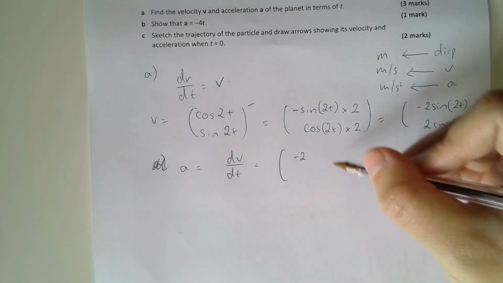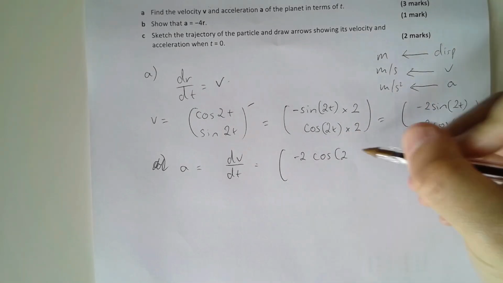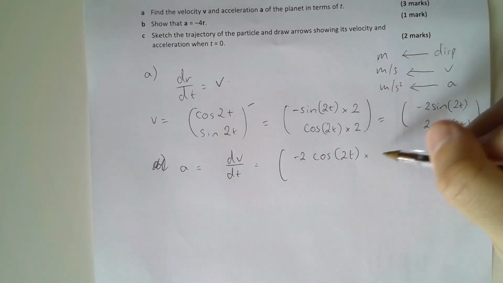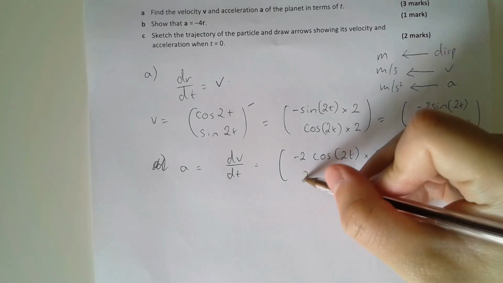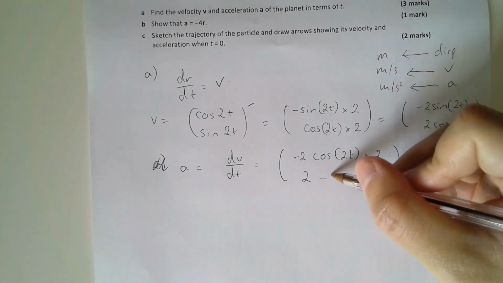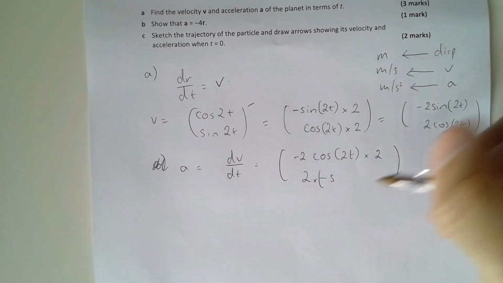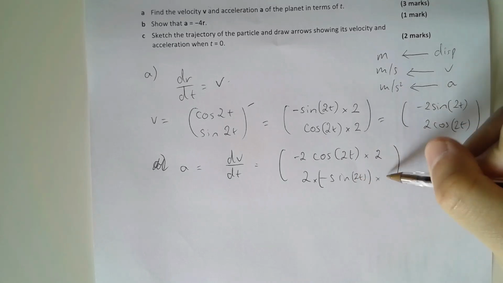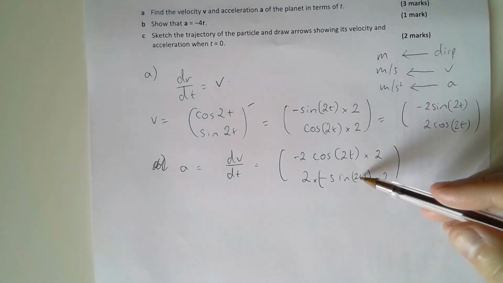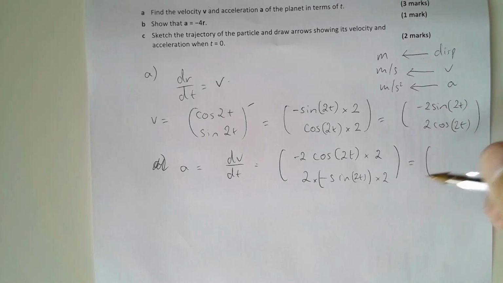The derivative of sin is cos of u, but you must start by timesing by u dash, which is 2 again, the derivative of 2t. Same thing here for the 2: the derivative of cos is minus sin of 2t, but make sure to times by 2 as well, because that is the derivative of u. In the end they have a minus 4 cos of 2t, and here is minus 4 sin of 2t.